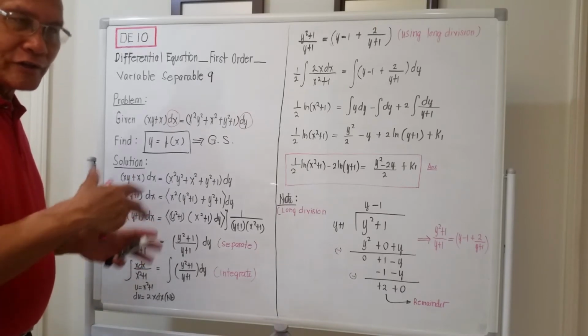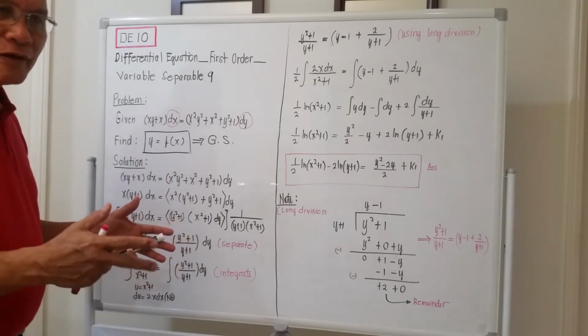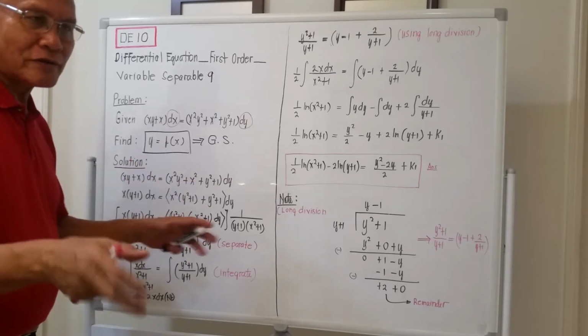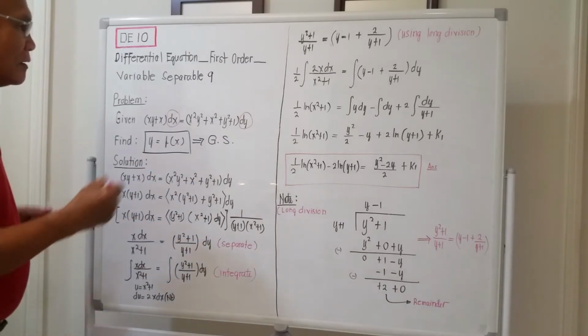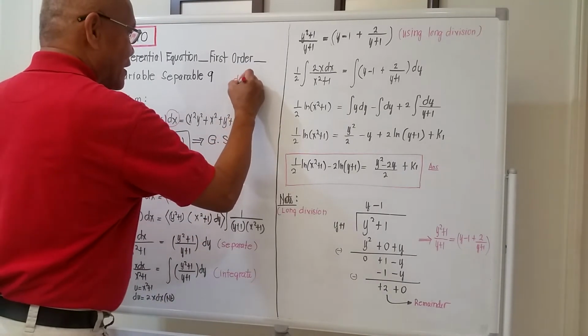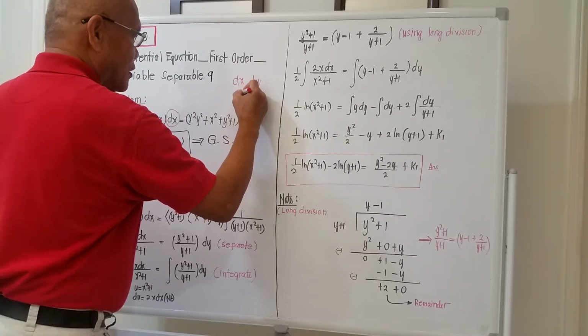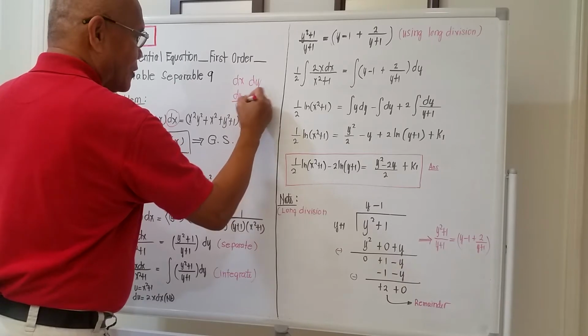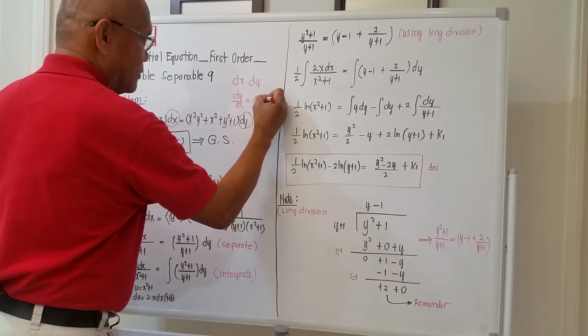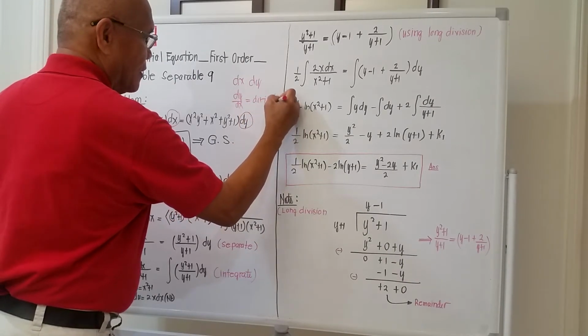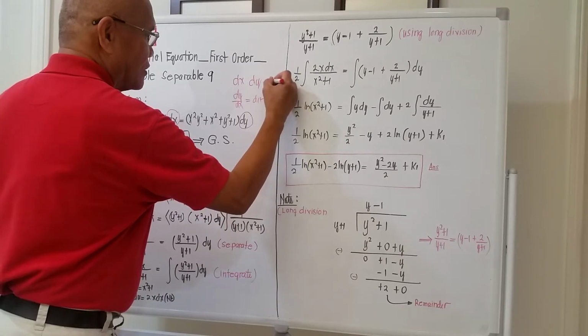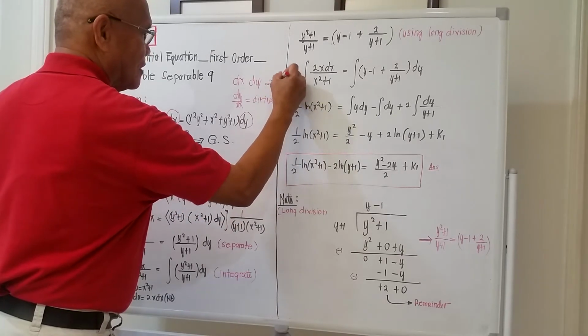If it contains a derivative, it should still be a differential equation. Differentials are dx and dy, and if there is a dy over dx, we term that a derivative. These are differentials.